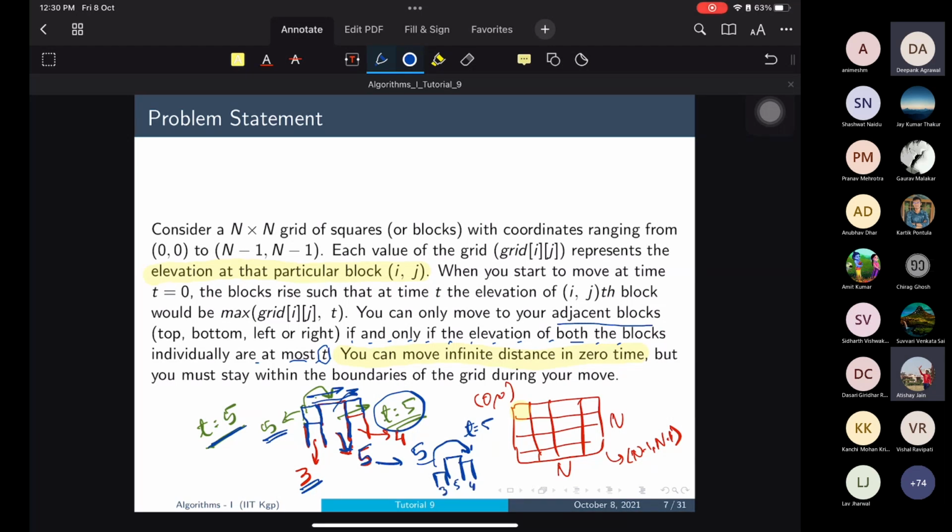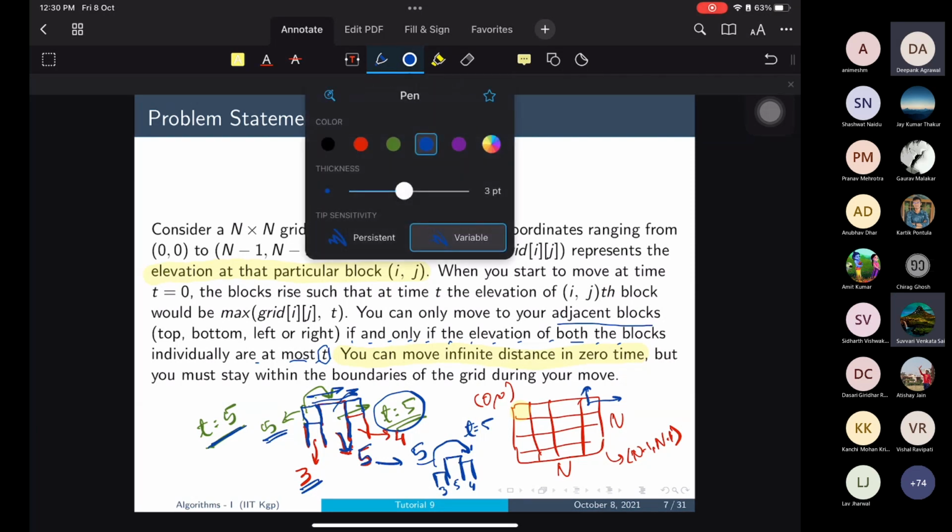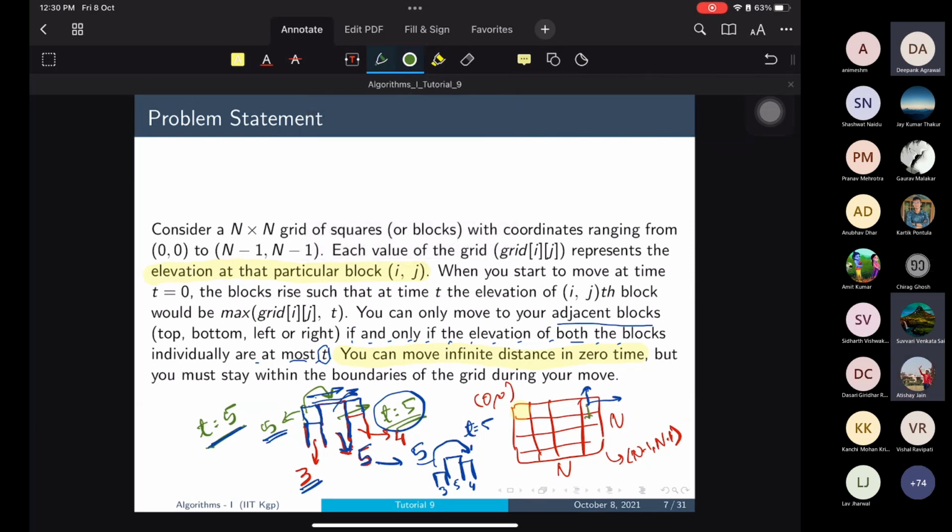But the constraint is that you must stay within the boundaries of the grid. That is, from this particular cell, you cannot move in this direction or in this direction. Sir, it is given that we move only to adjacent blocks, so can we directly go from 3 to 4, even though the heights will be 5 at equal?